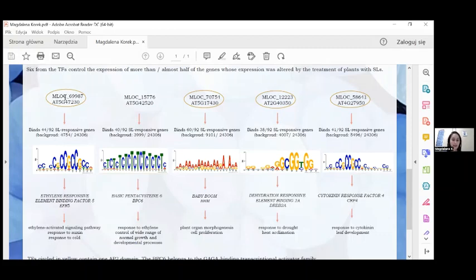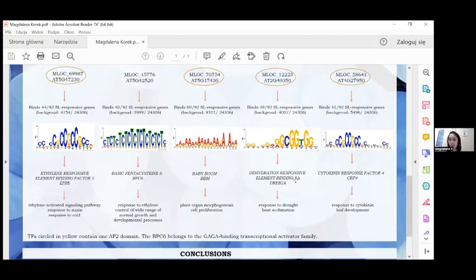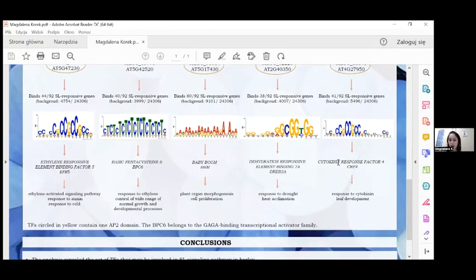The detected transcription factors are the ethylene responsive element binding factor 5, the basic pentacysteine 6, the baby boom transcription factor, the dehydration responsive element binding factor, and the cytokinin response factor 4.